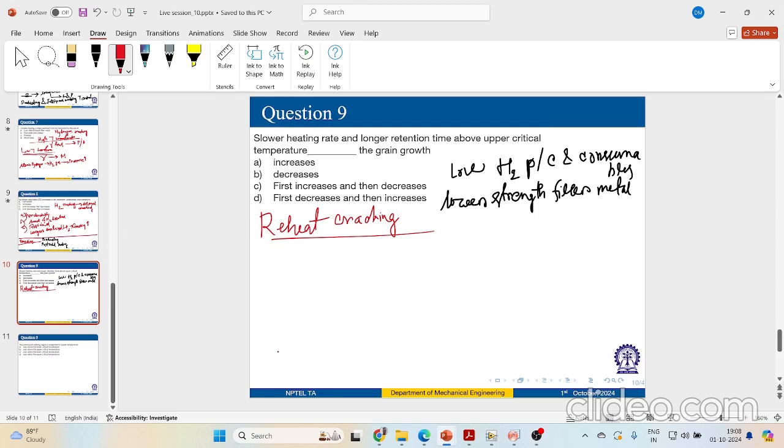So low alloy ferritic steel. In general, reheat cracking is observed there.